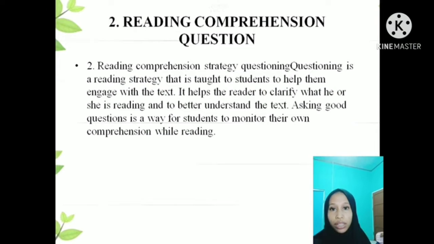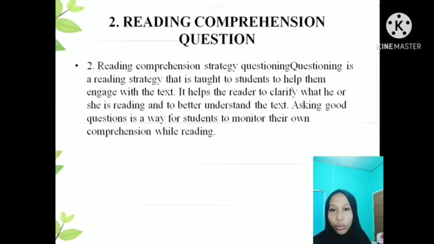A great first activity to use when introducing the questioning strategy is called "What's in my bag?" To use this activity, you will first need to place an ordinary object into a paper bag. This item could be a comb, a toothbrush, or a pencil, and it needs to be something that students will be able to guess.